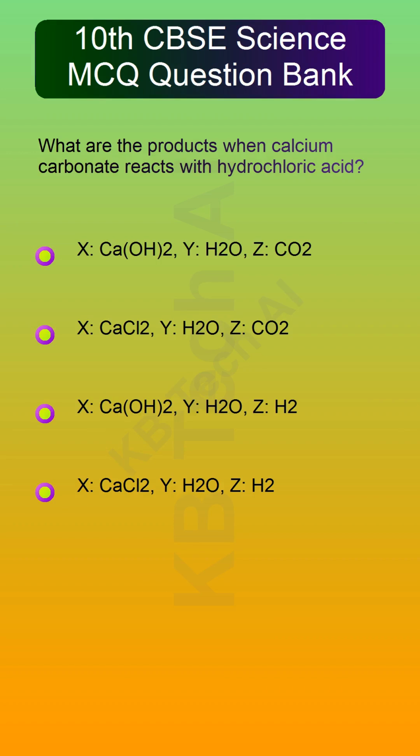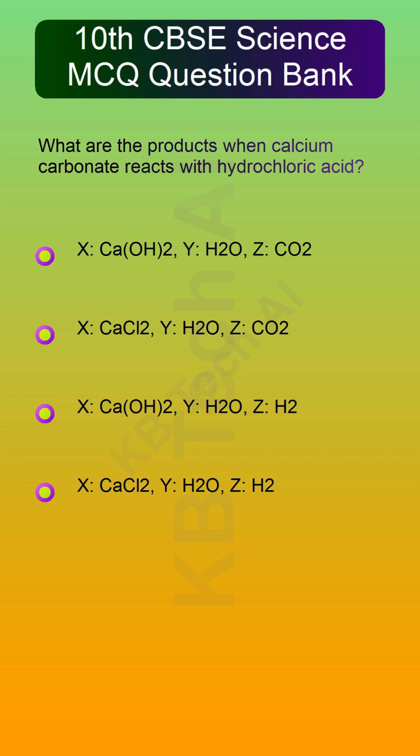What are the products when calcium carbonate reacts with hydrochloric acid? Option 1, X: CaO, Y: H2O, Z: CO2. Option 2, X: CaCl2, Y: H2O, Z: CO2.